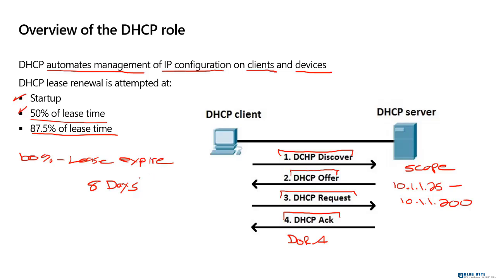Now, that's not really a big deal, actually, because when the lease expires, your computer at that exact instance will send a DHCP discover looking for a DHCP server. So as long as you have your DHCP server back online, it will automatically obtain an IP address and you're back online.